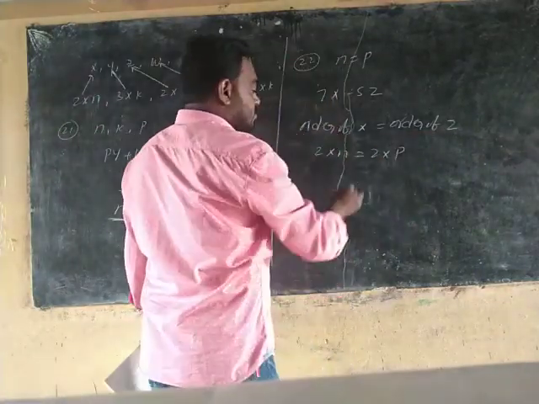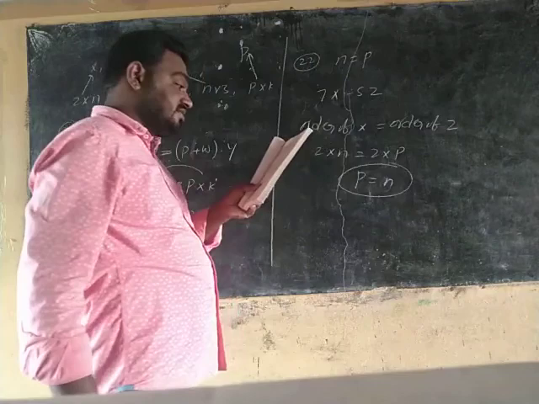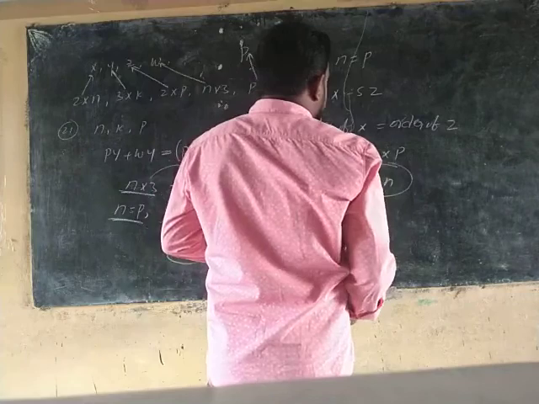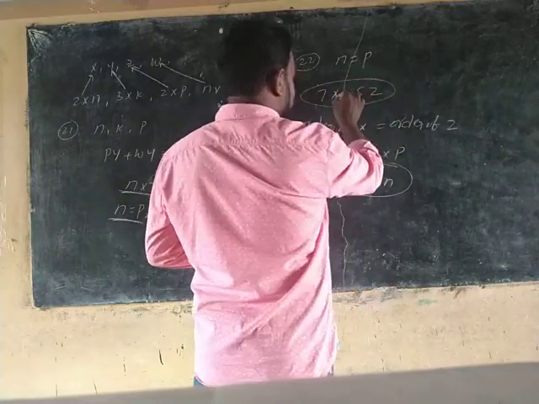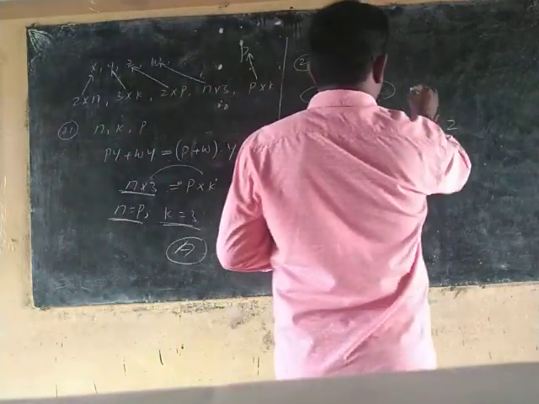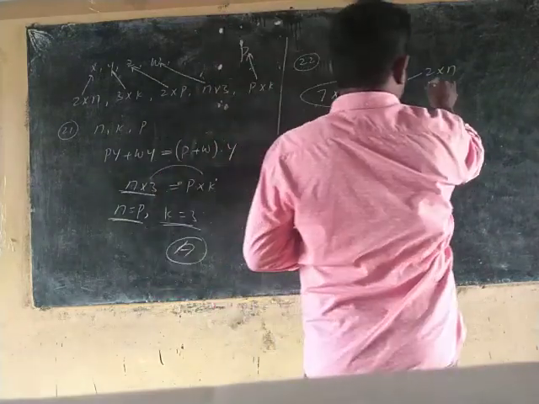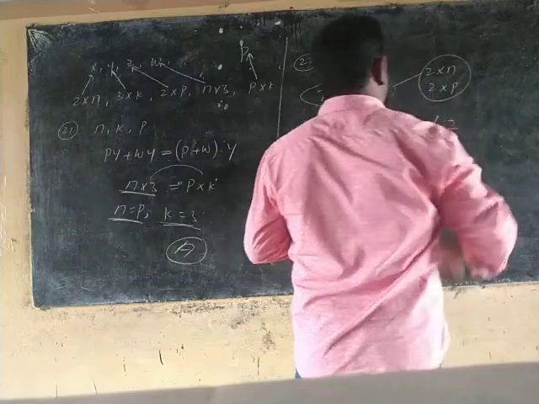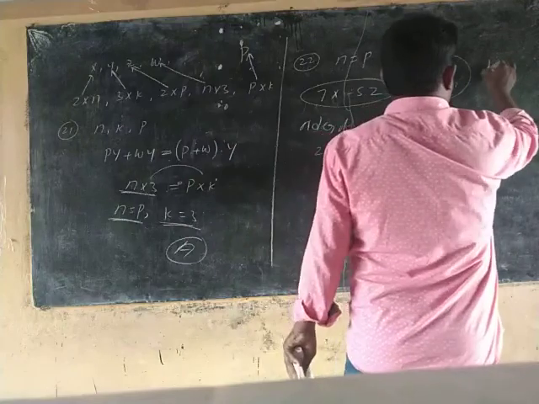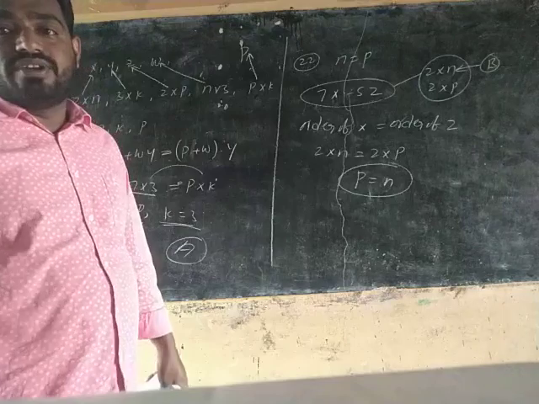So which one have they given? 2 cross n is there in option B. In option B, they have given 2 cross n. So option B is the right answer for this question. Okay.